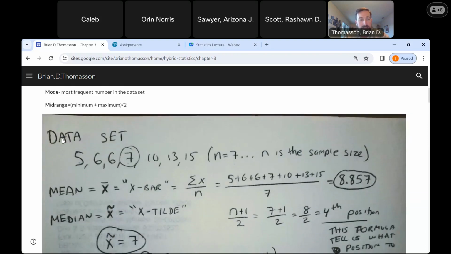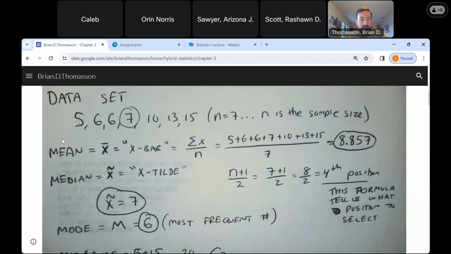So let's look at finding these. This is a data set that I have, and there are a couple of things I want to point out. Notice that I have this n equals 7 here. That little n is always going to represent the sample size, and all that means is just the number of values that we have. If we count the number of values, we have 7. That's our sample size, our n.